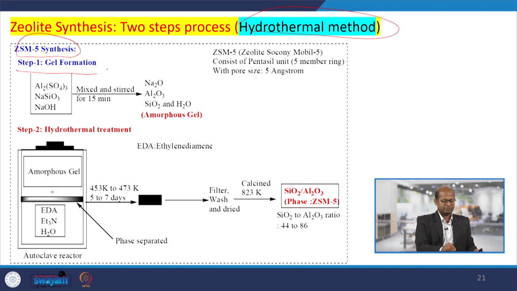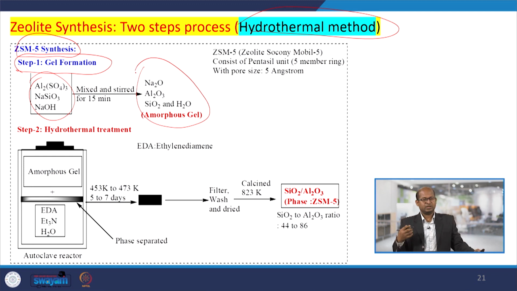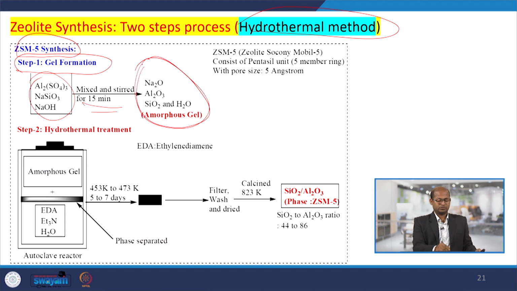The first step is gel formation. In the gel formation we use alumina and silica precursors and mix them in a beaker to make an amorphous gel. Basically in this step we remove excess moisture, and the solution becomes a gel. In the second step we take an autoclave, where we place the gel in one part, and at the bottom section we put other materials, EDA, Et3N, and water.